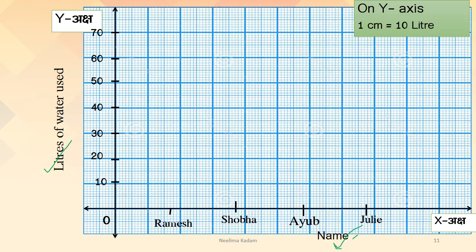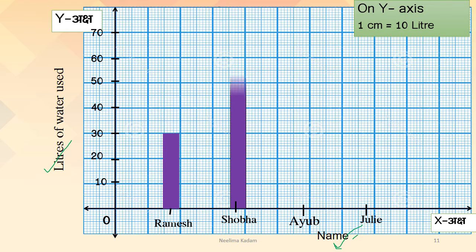Now Ramesh is using 30 liters of water. So we have to draw a bar of 3 centimeters. See here, 30. Now Shobha is consuming 60 liters.